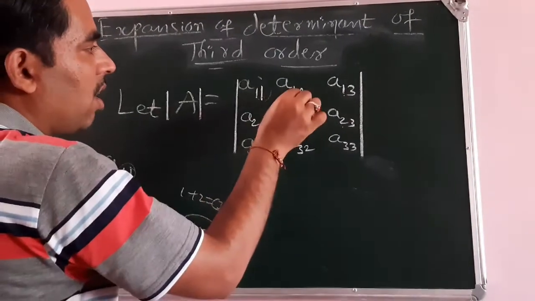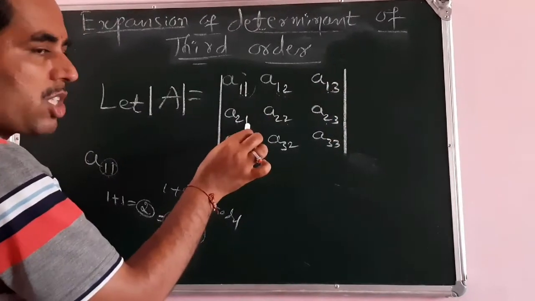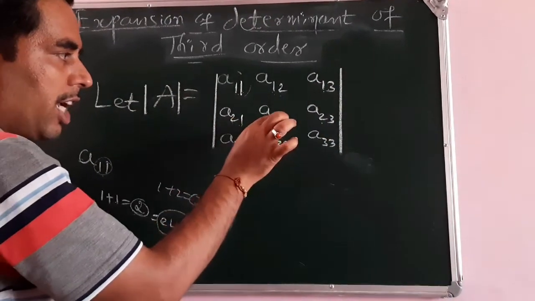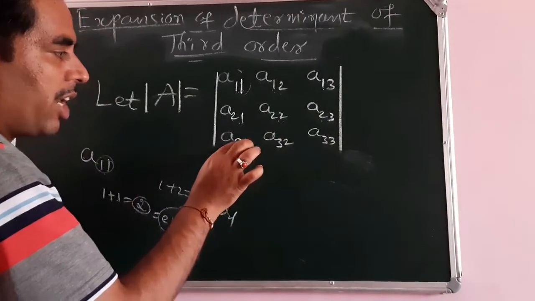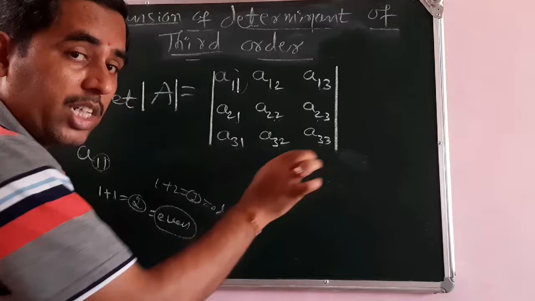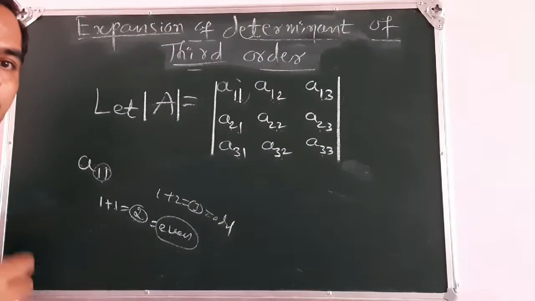So this is odd. 1 plus 3 is 4, even. Then 2 plus 1 is 3, odd. 2 plus 3 is 5, odd. Then 3 plus 1 is 4, even. So the sum gives me alternately even, odd, even, odd.